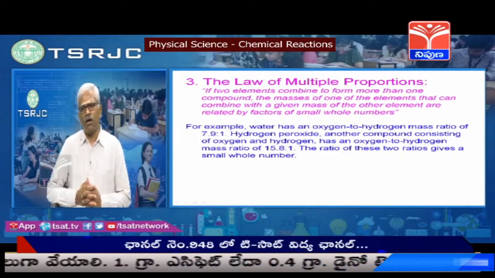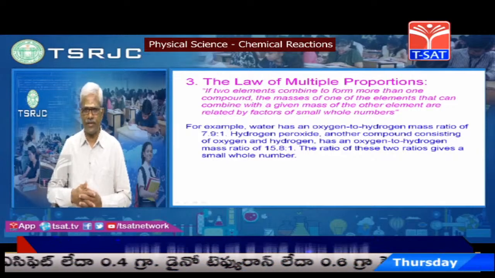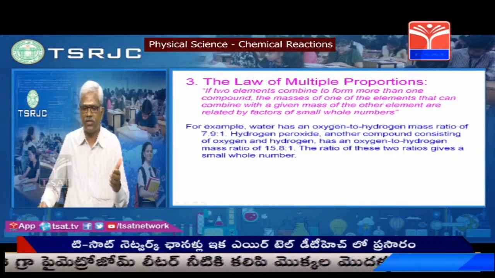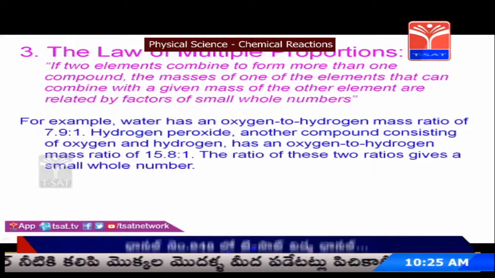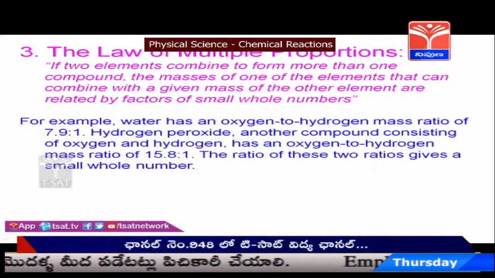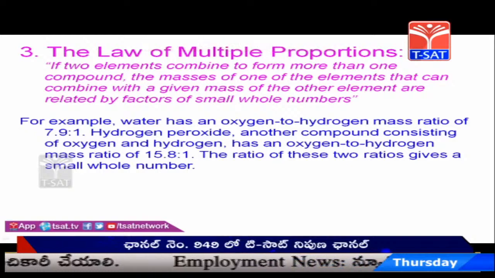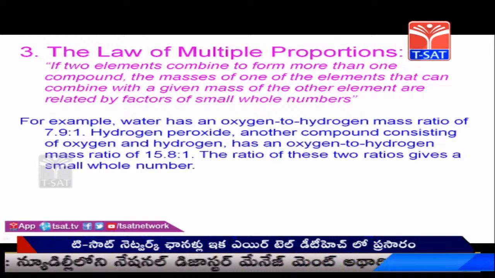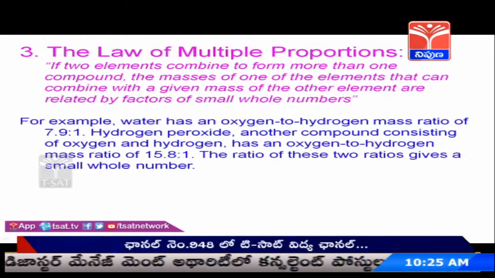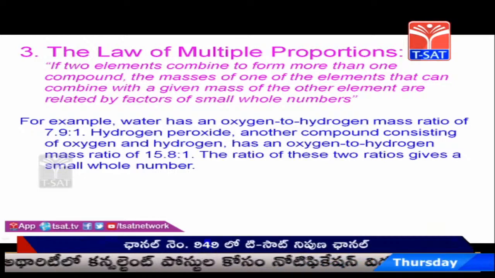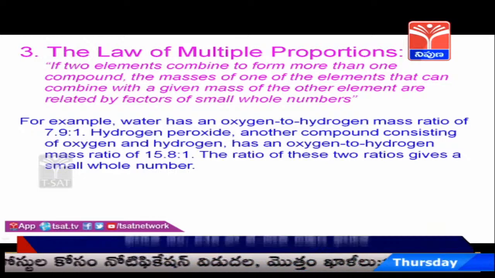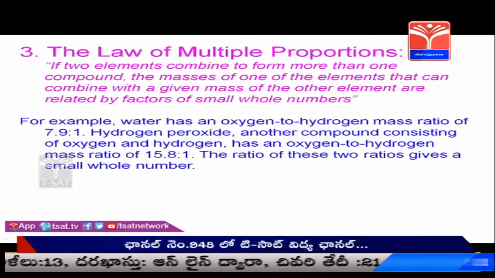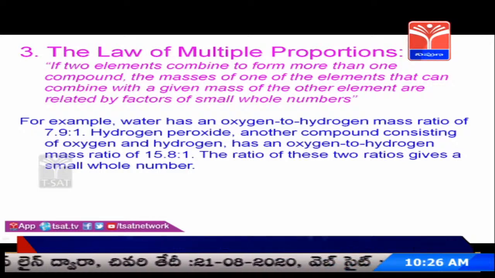Similarly, water and hydrogen peroxide; the example is given. So, your questions will be asked in these areas. What will be the ratio of oxygen and hydrogen in hydrogen peroxide? See here, 7.9 grams of oxygen combines with 1 gram of hydrogen to form hydrogen monoxide, which is water.